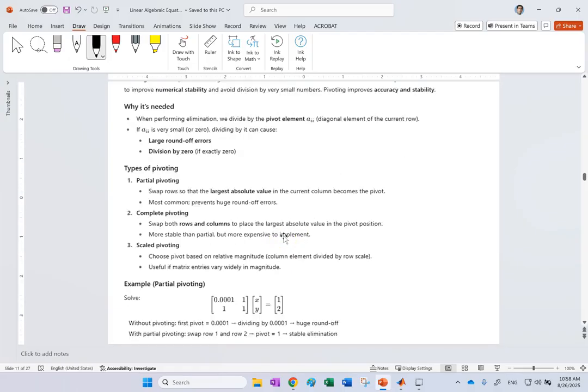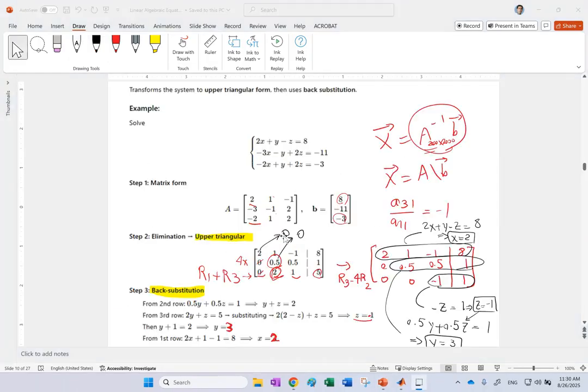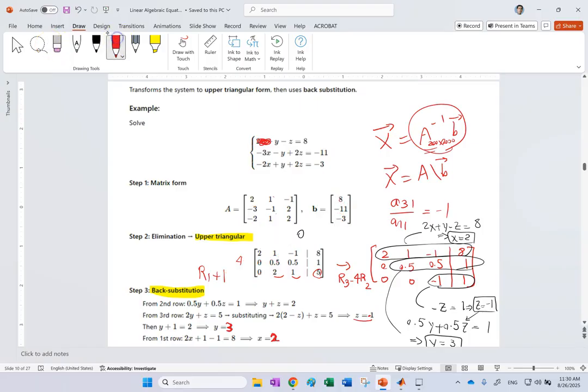So let me show you in this case, for instance. If in this original set of equations, this term was not there, so the first equation was y minus z equals 8, then what you will see happening to your A matrix is this guy is going to be 0.